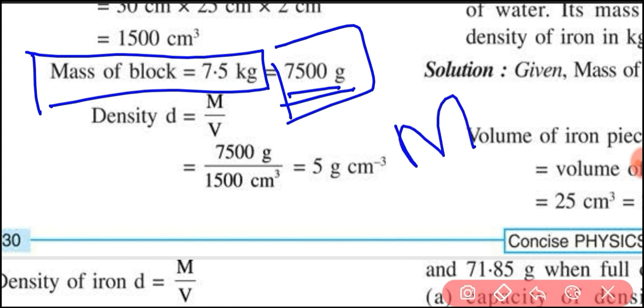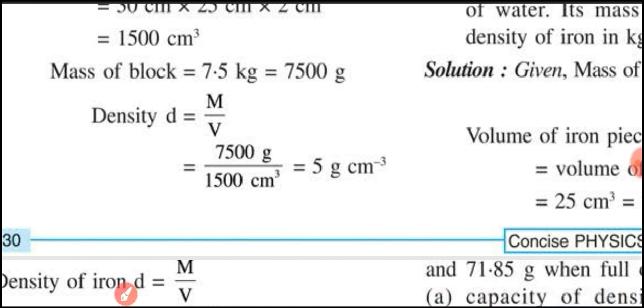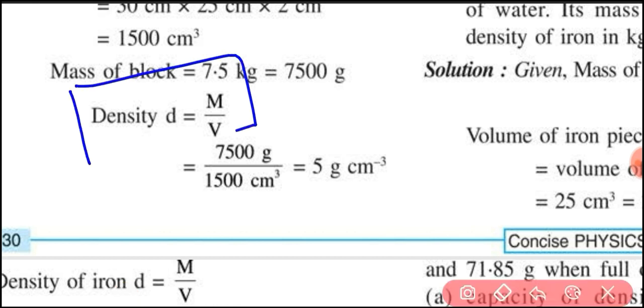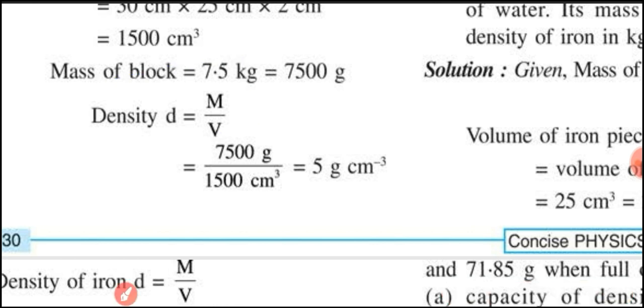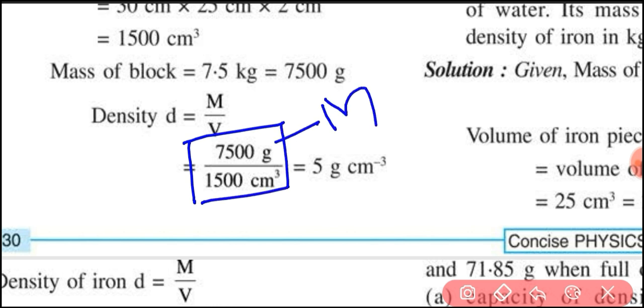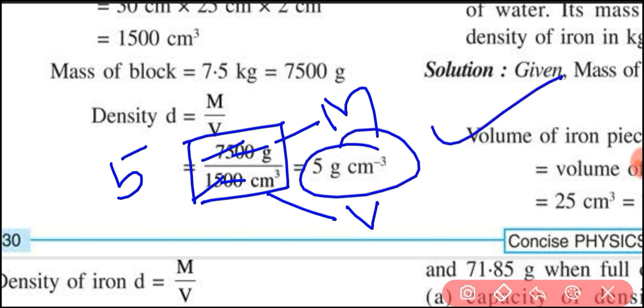Now we got M and also V. So now use the formula, density D is equal to m upon V. Okay, students. So we can write here 7500 gram, that is M, and 1500 centimeter cube, that is V. By calculating these both, we will get the answer 5 gram per centimeter cube. This is the density.